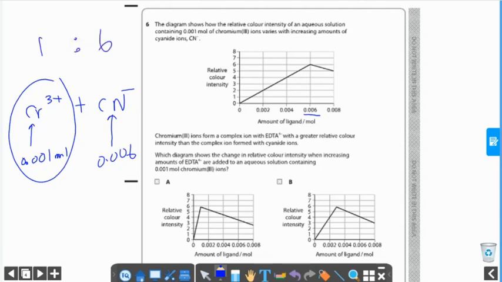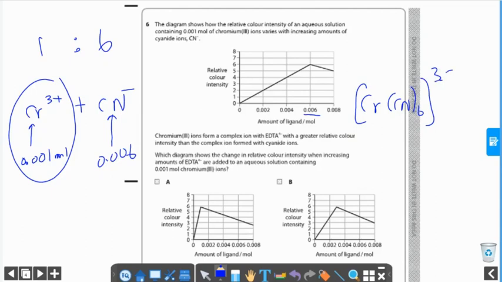That means there can be 6 cyanide ions around the chromium. So this is 3 minus, with 6 cyanide ions.